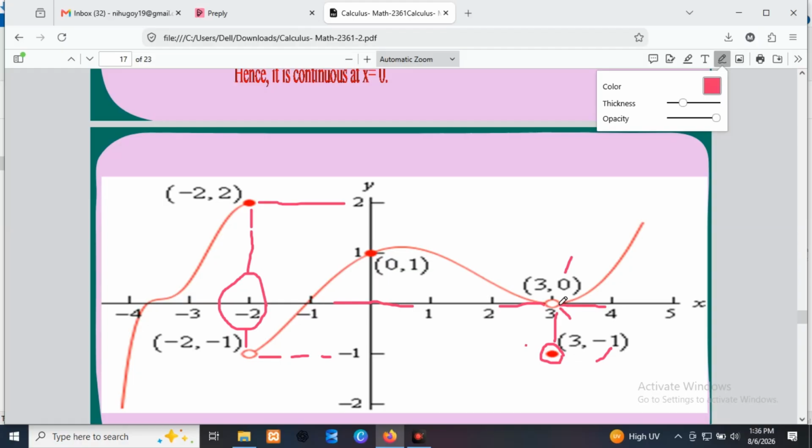If they are different, the limit does not exist. If it does not exist, the limit and the function value are automatically different. That's why it violates criteria 2 and 3. So at that time, we say the function is not continuous at 3. So this is all about the jump discontinuity. We will continue in another part, part 13.